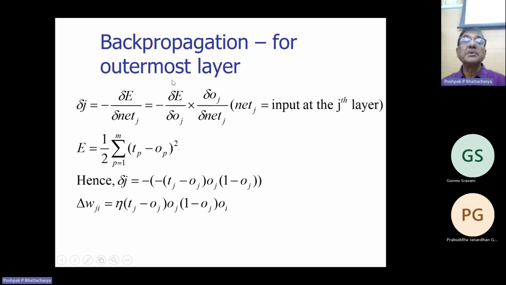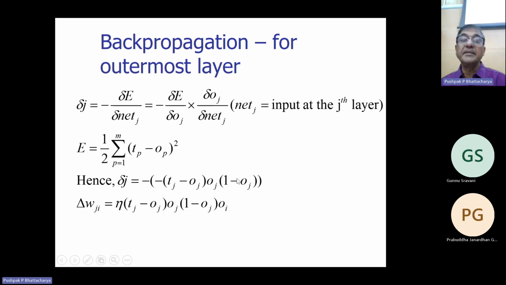So for the outermost layer of neurons, it is easy to compute. Delta_j is equal to (t_j minus o_j) times ∂O_j/∂net_j, which is O_j times (1 minus O_j) if the neuron is a sigmoid neuron. We are jumping the steps a bit; for the moment, just take my word that ∂O_j/∂net_j is O_j times (1 minus O_j).